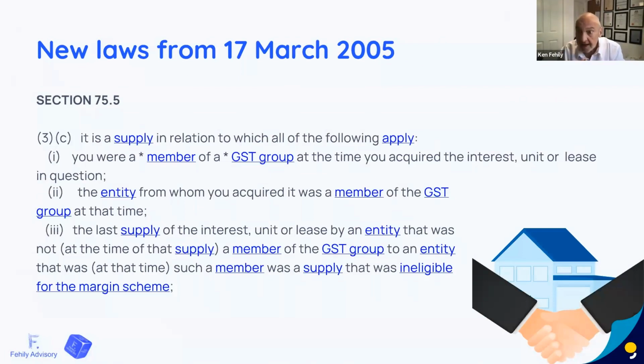I'm going to go through that again. If I'm about to make a supply under a margin scheme, the first question I ask the person is, when did you buy it? If I bought it before 9 December 2008, first question, did I buy it under a margin scheme or taxable supply?